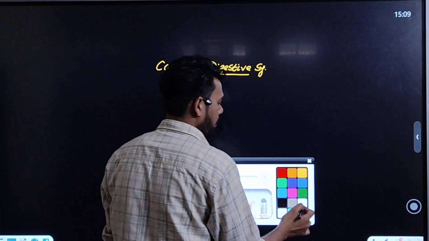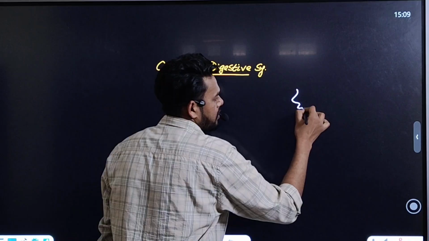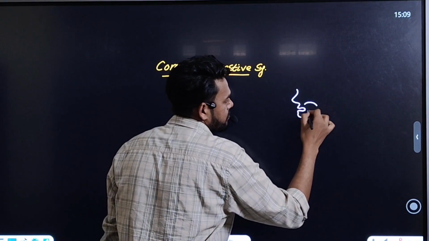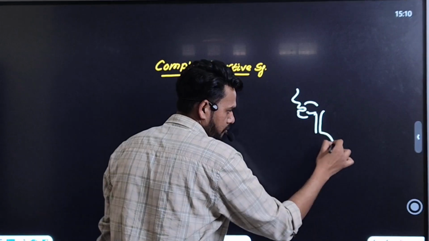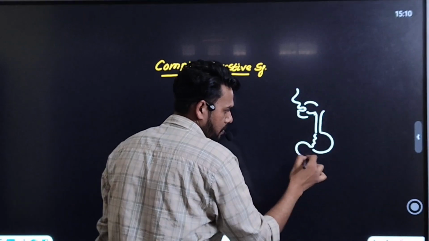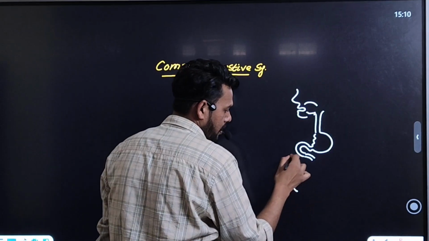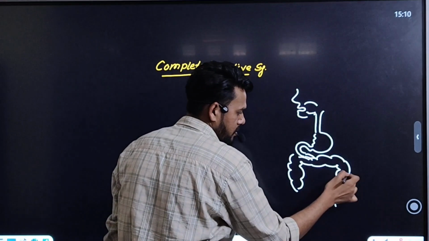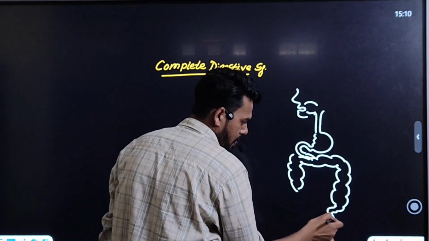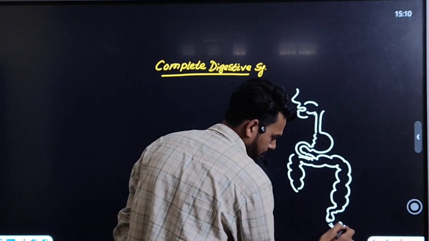If we see the human digestive system, it starts from mouth, buccal cavity, then esophagus, stomach, small intestine, duodenum, large intestine, and finally anus.